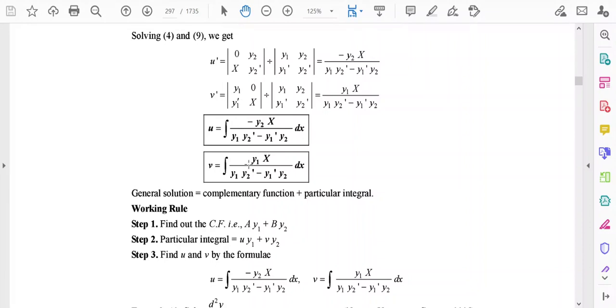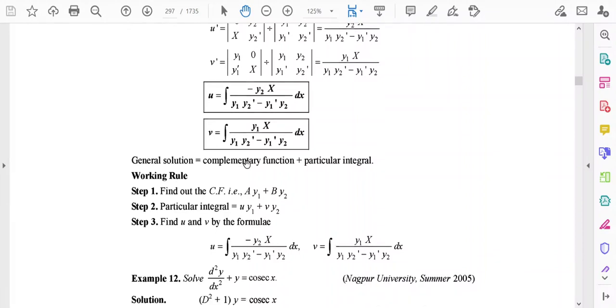So what are the steps to find the complementary function and particular integral? At first we find the complementary function, which is a y1 + b y2, where a and b are constants.